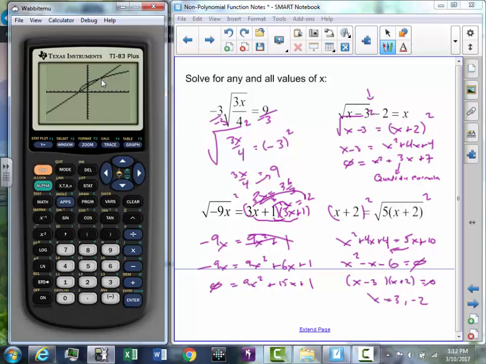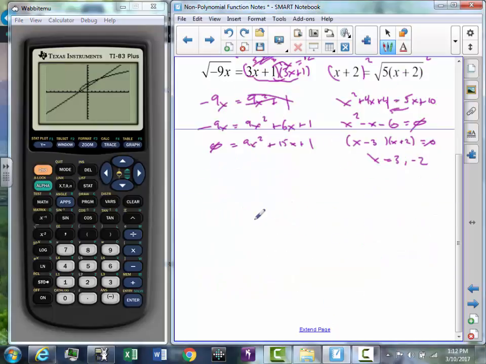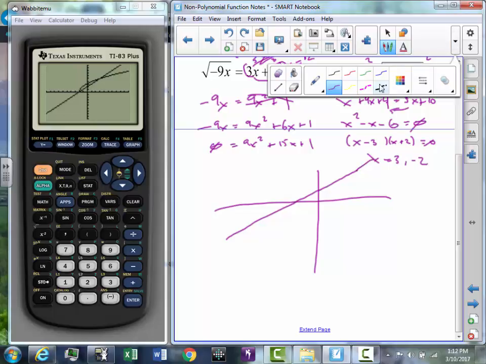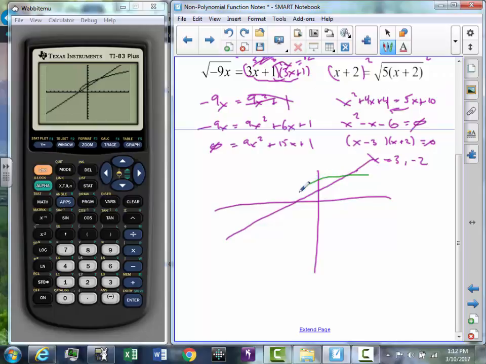But hypothetically, it's possible that I could get like a phantom solution. I like that kind of concept. Imagine that when I was drawing this right here, one of the lines looked like this. And then the other graph was just in a slightly different location. Let's say that it looked like this, but it stopped there. Do you see how it would give me one solution right here? But you might accidentally pick up a second solution.